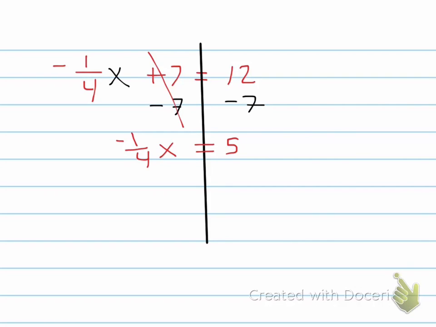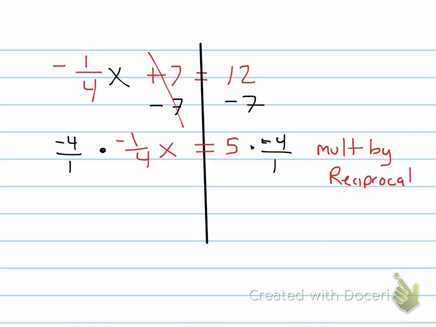So how do I get rid of the fraction? I multiply by the reciprocal. Anytime there's a fraction, I can multiply by the reciprocal. So this is this step. I'm going to multiply by negative 4 over 1, and multiply by negative 4 over 1.